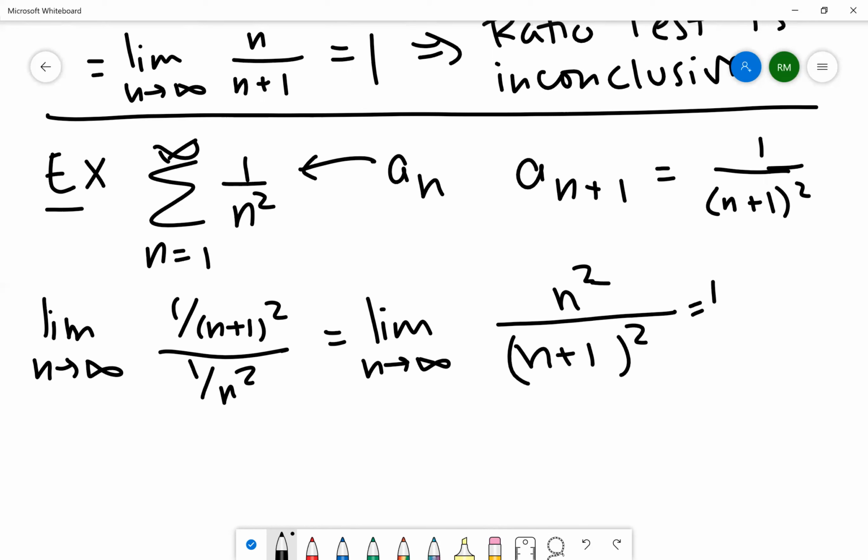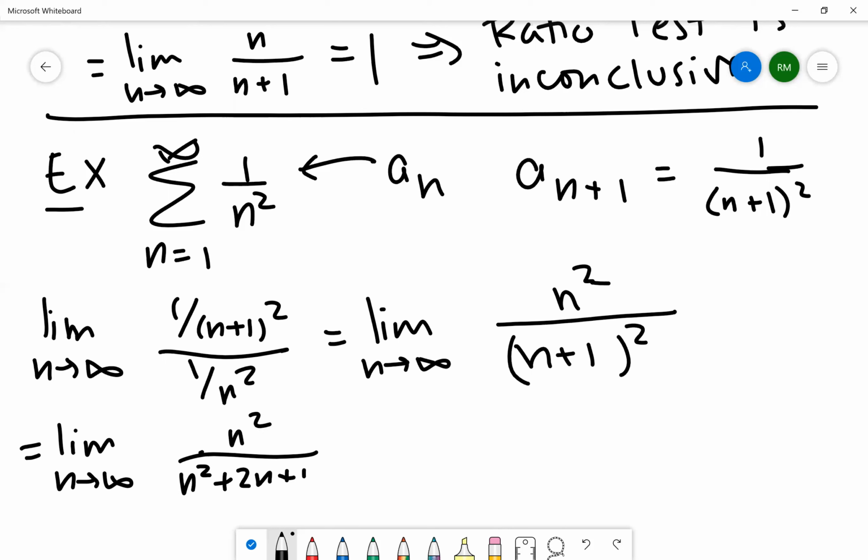which is the same as the limit as n goes to infinity of, well, let me put that onto the line, n squared over n squared plus 2n plus 1. So we know that this limit is 1 because the numerator is a degree 2 polynomial and the denominator is a degree 2 polynomial.